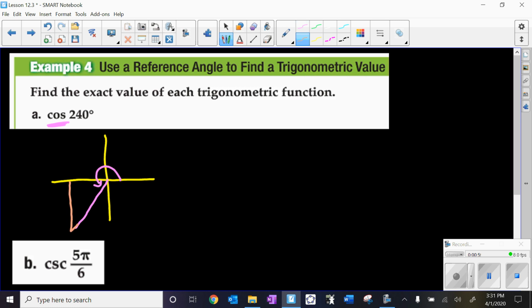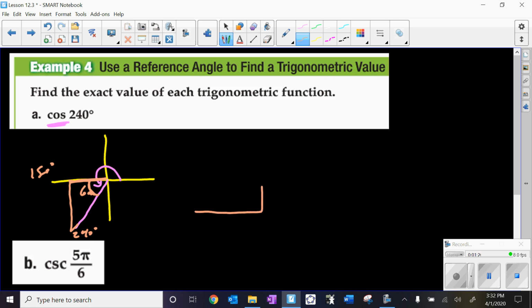That's where we've always been making our right triangles. We need to find this reference angle right in here. If this is all the way around 240 degrees, and I'm making it with the x-axis at 180, 240 minus 180 is going to get me a reference angle of 60 degrees.